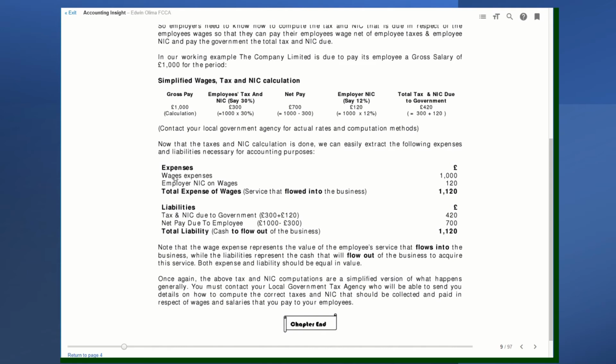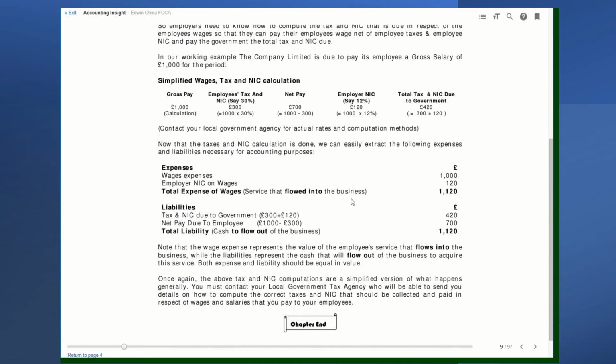So we'll do expenses, which is wages expense would be £1,000, and then on that, because the employer is employing people, the government charges the employer NIC, that would be £120. So the total expense arising because of wages is £1,120. And this, you can consider the value of service that flows into the business.